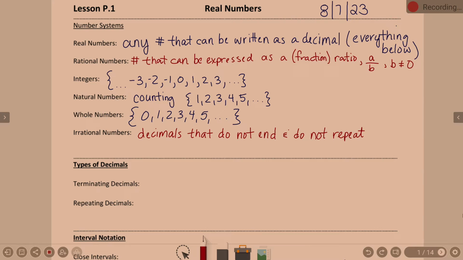Okay, so decimals that do not end and do not repeat. What are examples of these? Pi. Okay, pi is an irrational number, right? What's another type of number that's irrational?